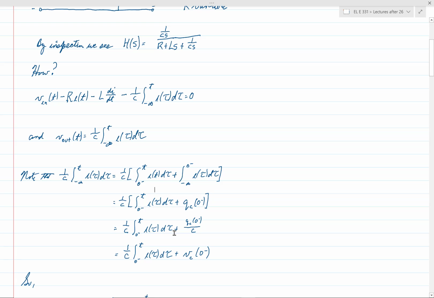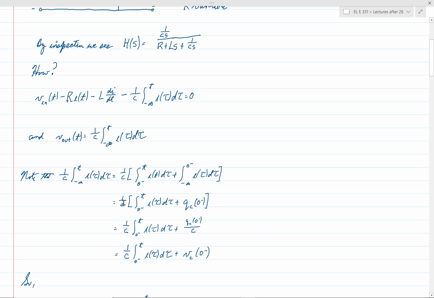Okay, now the second thing, to go from this line to this line, the integral of the current from negative infinity, so from the beginning of time up until 0 minus, would just be the charge on the capacitor at time t equals 0 minus.